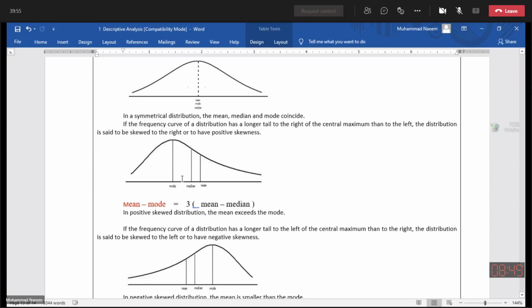In this case, what is the conclusion? In this situation, the mode is here, against the highest peak, the point on the x-axis. And here we have the mean value.